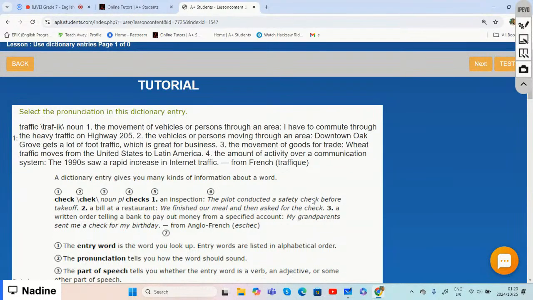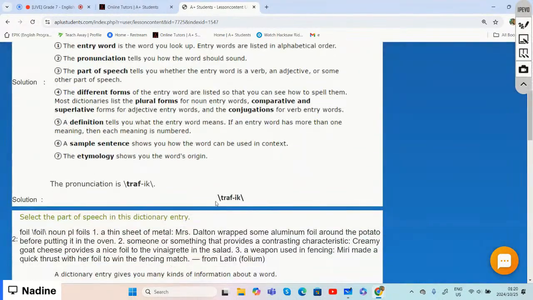If we were to choose the correct option, then yes, there we have our pronunciation. That basically tells us how you need to say the word, how the word sounds. And that is why usually that word looks different to the actual word.